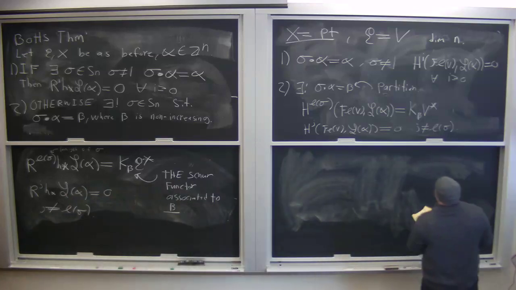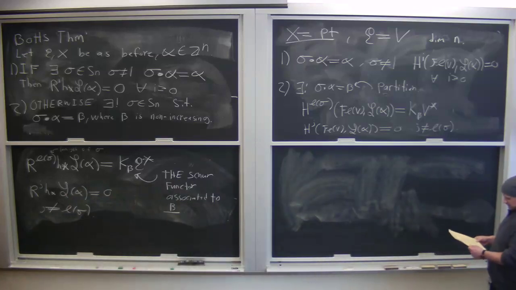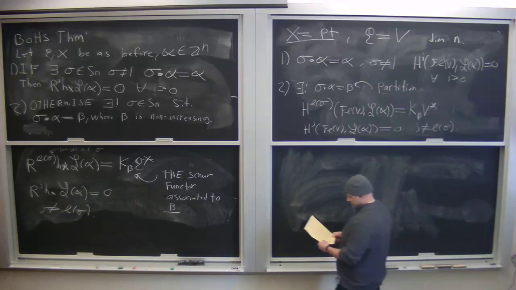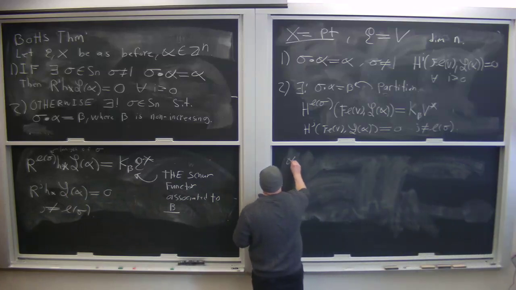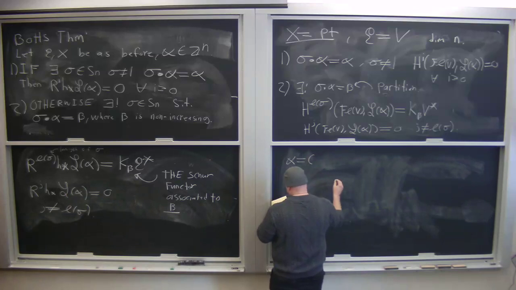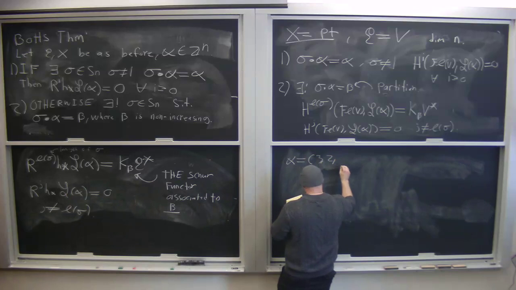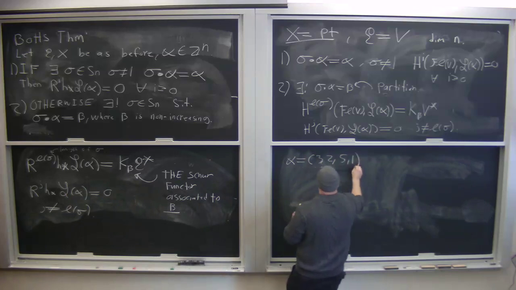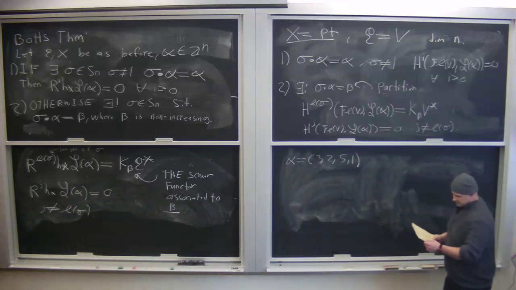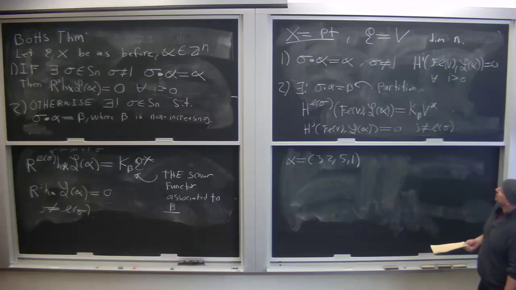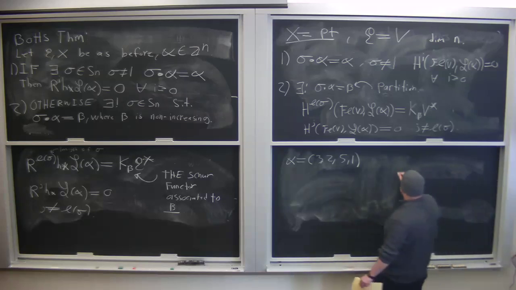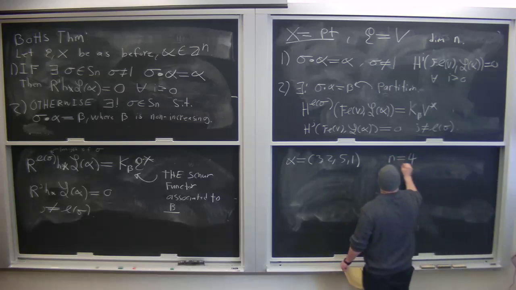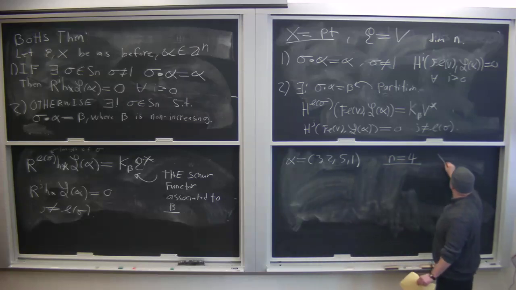So how does this actually work in practice? Maybe let's take alpha to be 3, 2, 5, 1. So here is some weight. Here n is equal to 4.